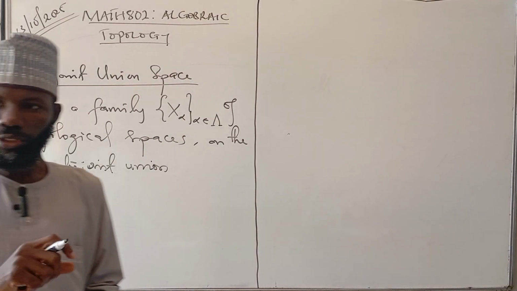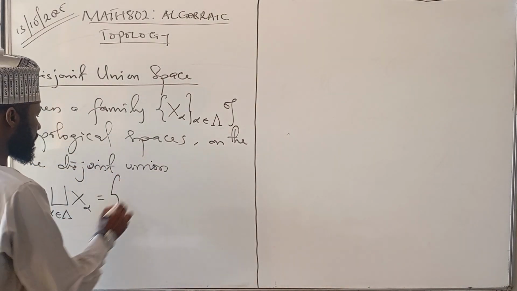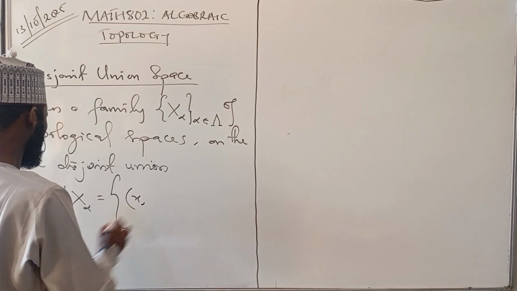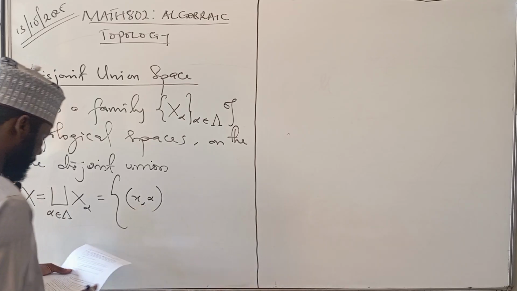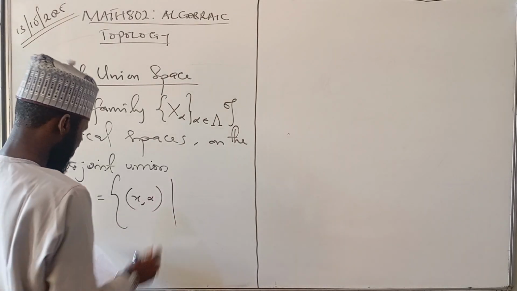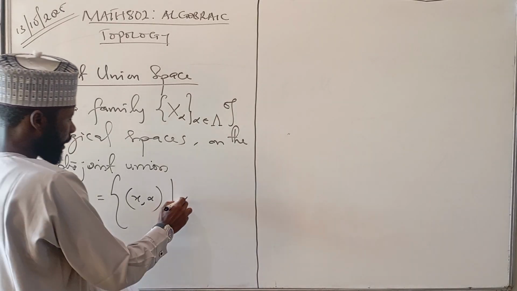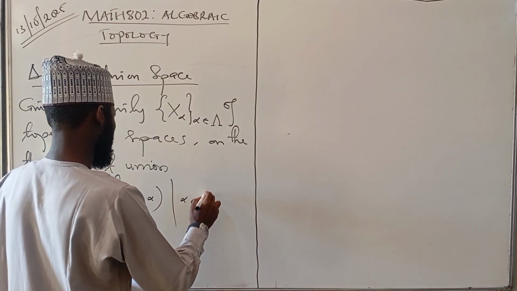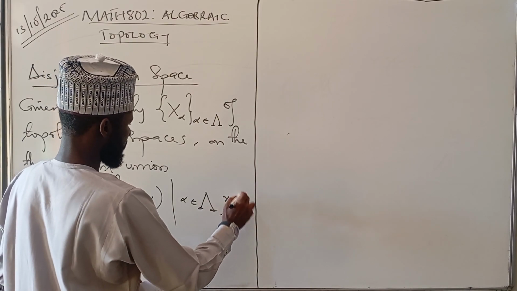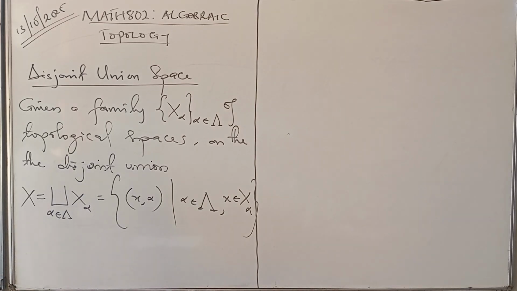Even if the sets are not disjoint, you can form a disjoint union, and it should be the set of all pairs X, alpha, such that alpha is in gamma and X is from X alpha. You can always form a disjoint union like this.